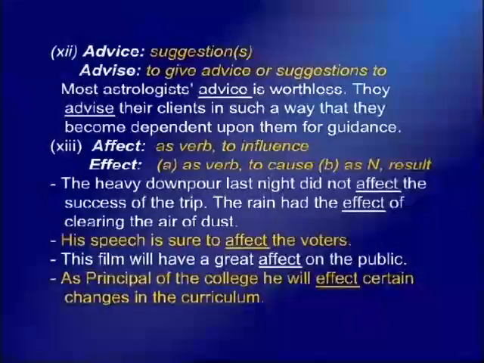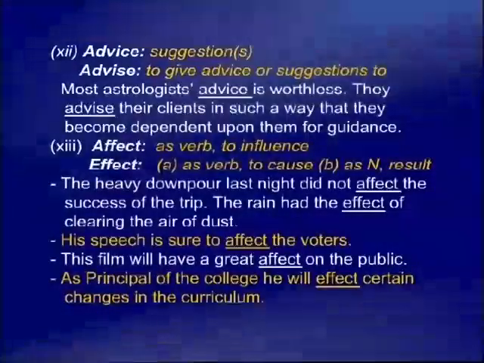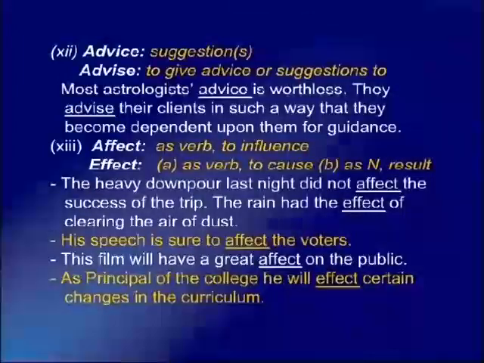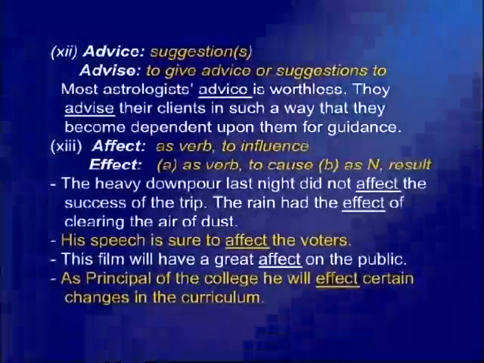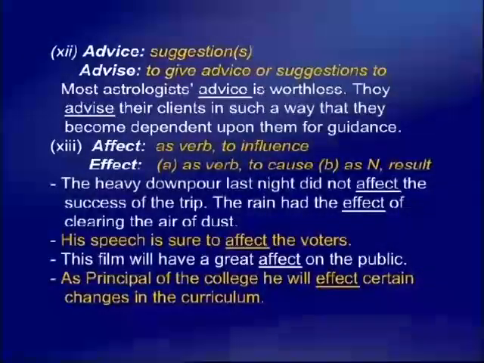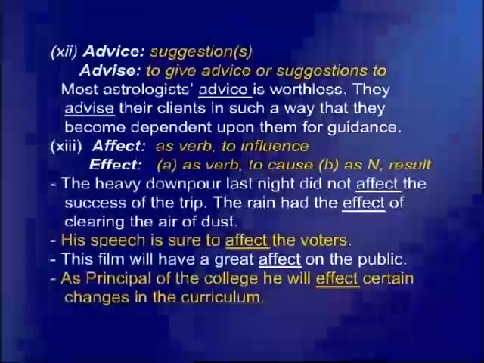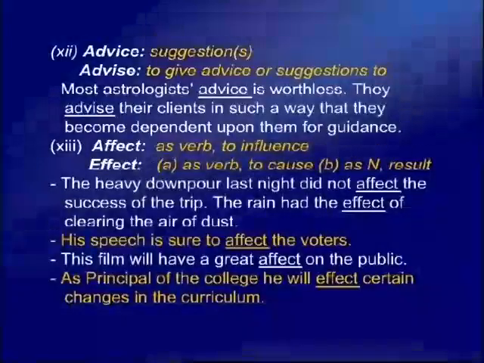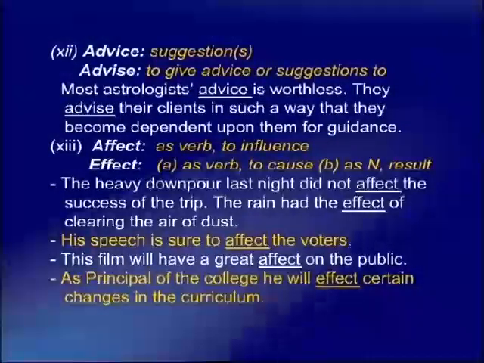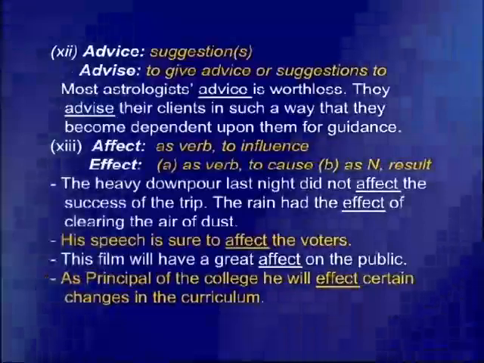And it is also used as a noun, meaning result. The heavy downpour last night, I'll use these in an example. The heavy downpour last night did not affect the success of the trip. The rain had the effect of clearing the air of dust.